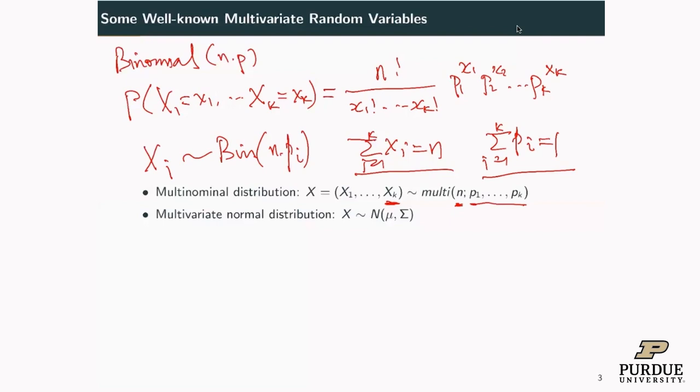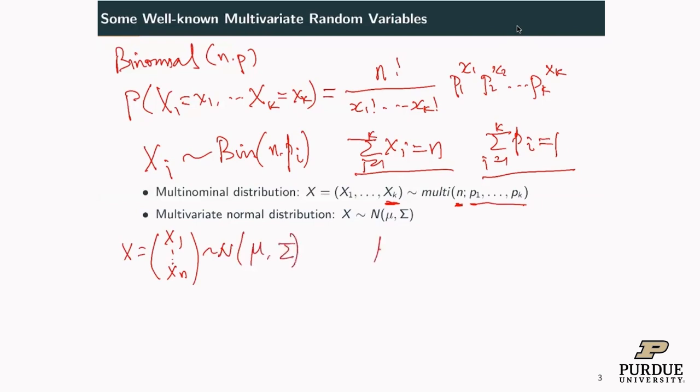Another important distribution is called the multivariate normal distribution. This is a continuous random variable. For example, X is an n-dimensional random vector that follows a multivariate normal. We have a mean vector and a covariance matrix.